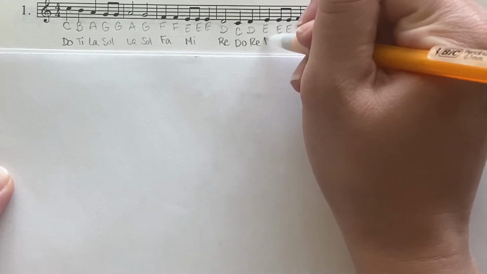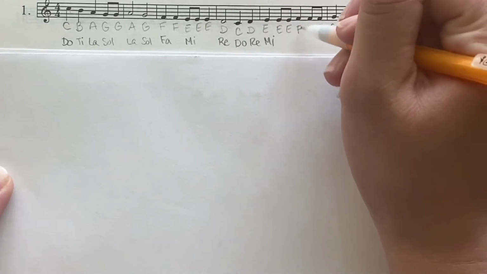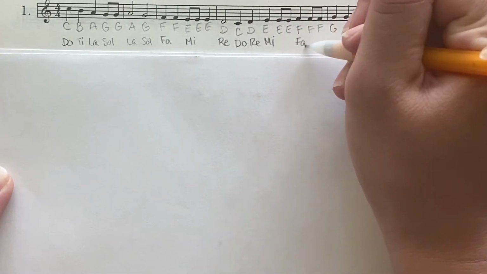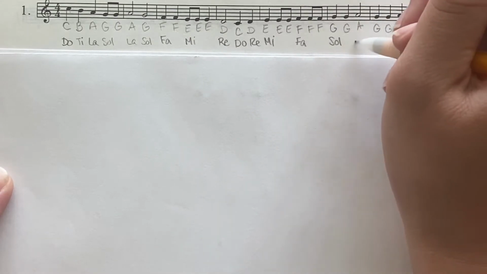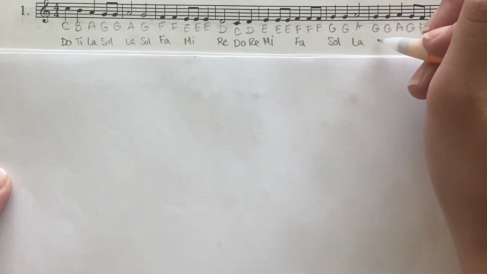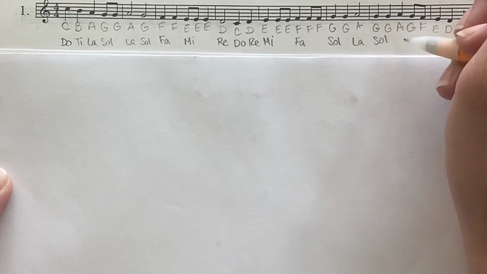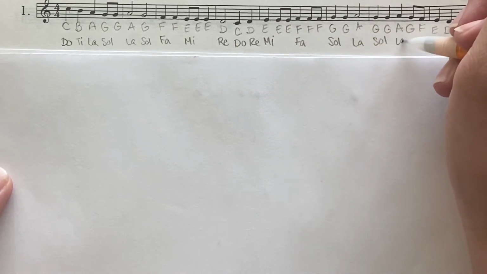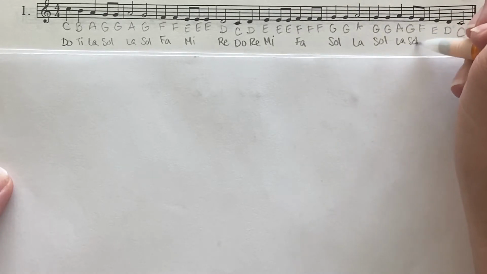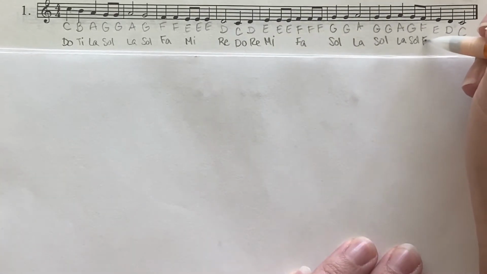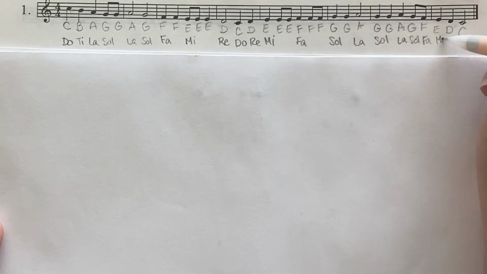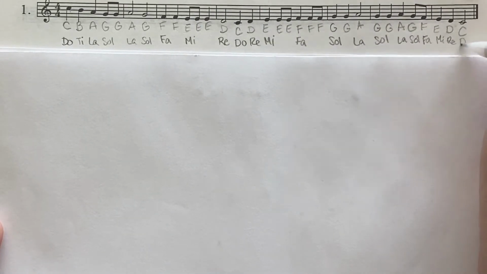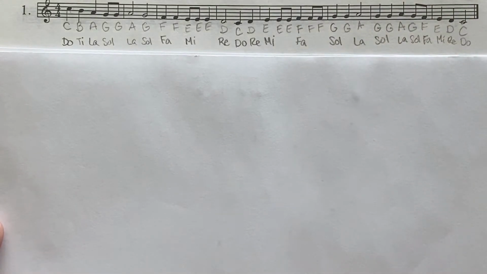Then we have Mi, repeating ourselves, up to Fa, repeating ourselves, Sol, up to La, then back down to Sol, we repeat ourselves, go back up to La, down to Sol, down to Fa, and then we have Mi, Re, and Do. Sorry, that got sloppy at the end there.